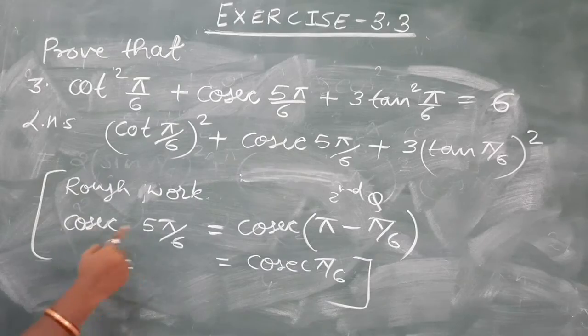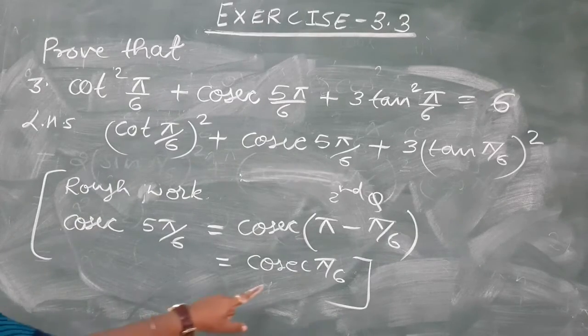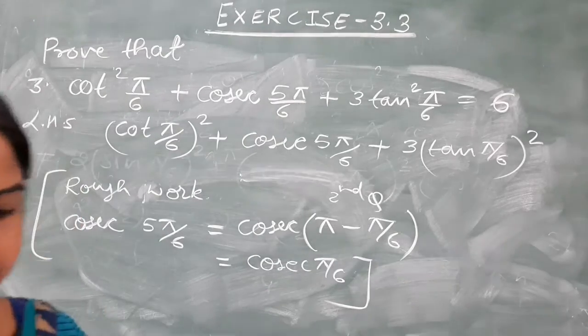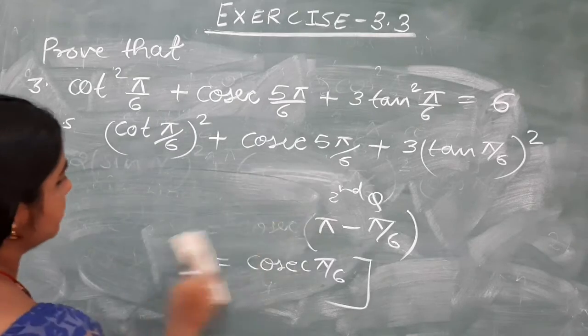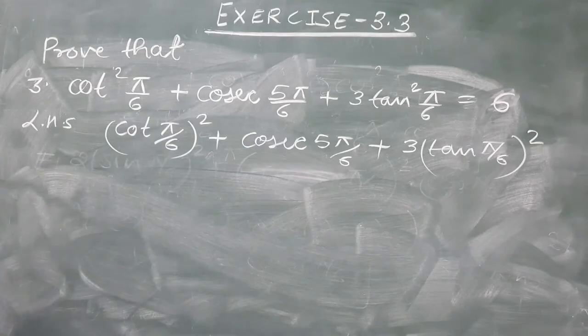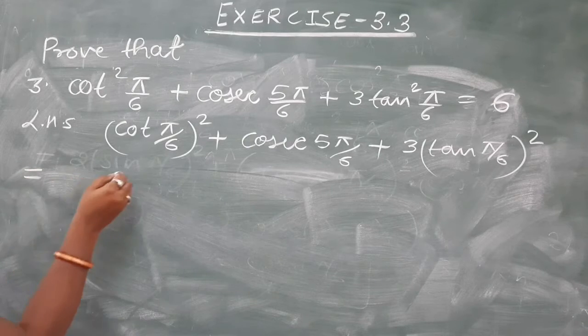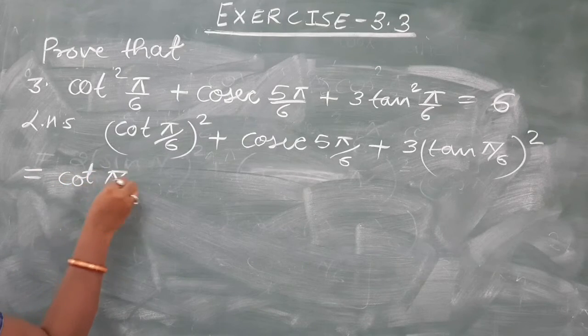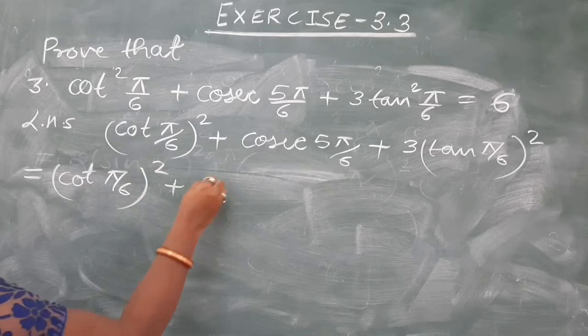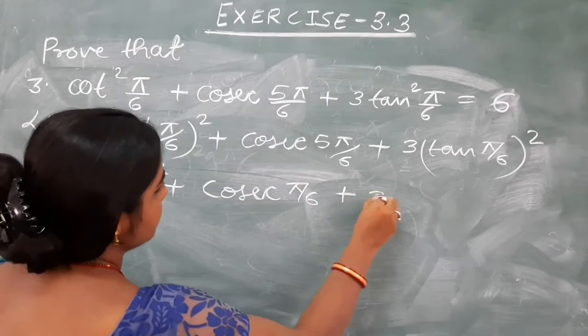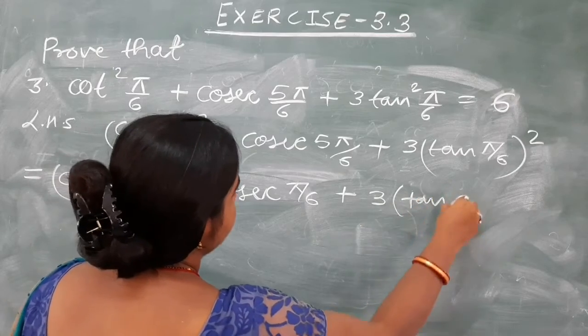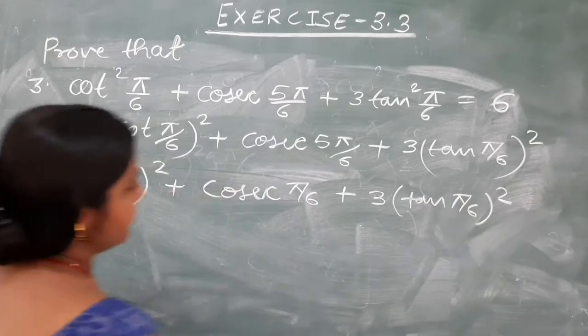So in place of cosec 5 pi by 6, we can write cosec pi by 6. Space is not there, because of that I am going to rub it. So we can write it as cosec pi by 6, and it is 3 tan pi by 6 whole square.